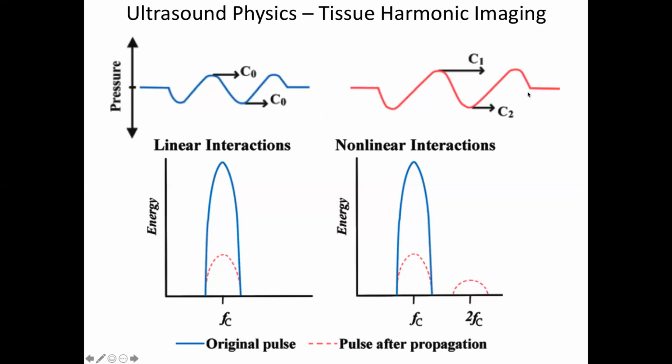And if you look at a sawtooth and ask what the frequency components of a sawtooth are, it has higher frequencies at specific overtones than the primary. This is called the nonlinear interactions of tissue for this type of wave transmission.